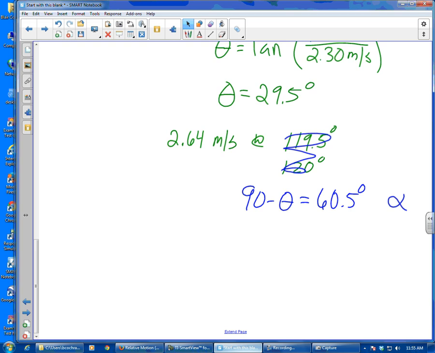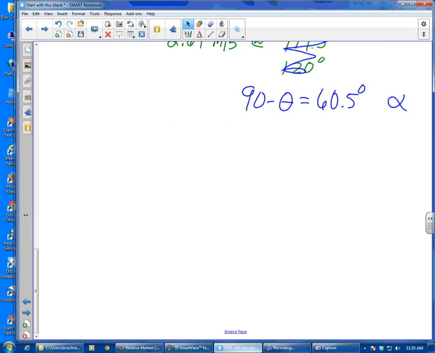All right, so going downstream, I'm moving with the water downstream at 1.30 meters per second.